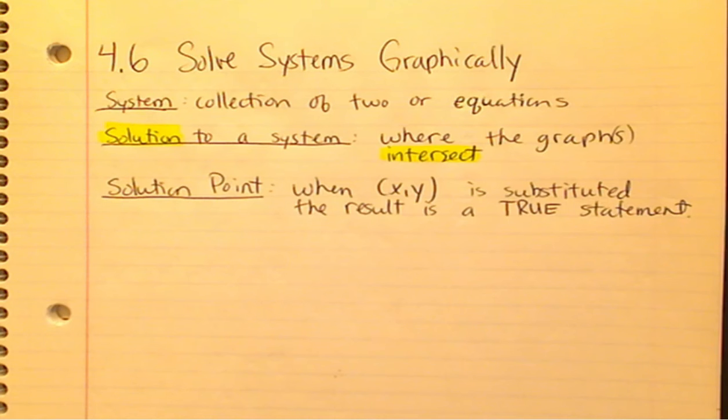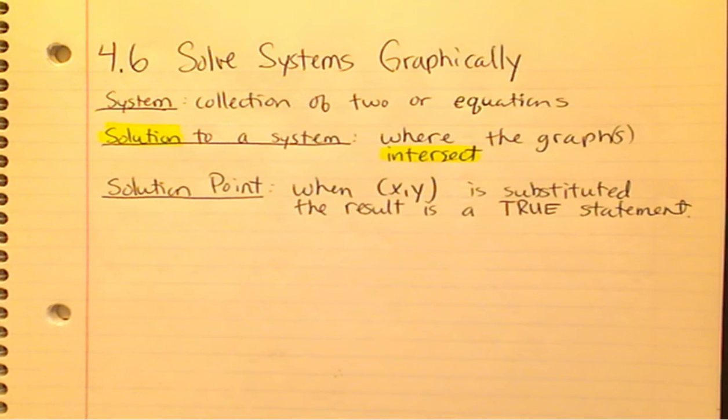That's the review. Okay? Linear systems, you could have two lines that crossed once. You could have two lines that crossed not at all because they were parallel with different y-intercepts. Or you can have a system that ended up with the same line.